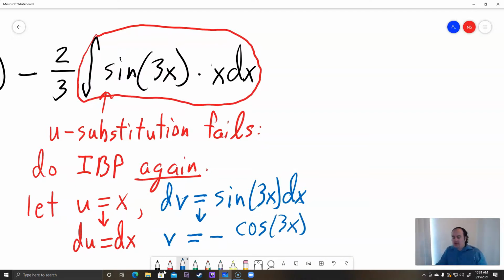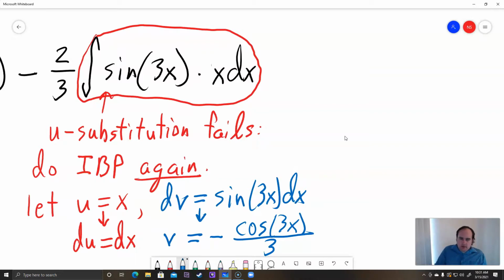And then, of course, because of the u substitution, at the end you end up dividing by the coefficient of what's on the inside. So you're going to end up dividing by 3. Okay, so you get negative cosine of 3x over 3 for our v.